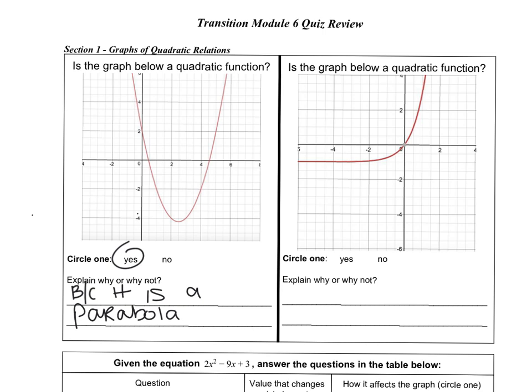So remember, quadratic functions have that U shape that is a parabola, and it's evenly split in half at the vertex. Whereas if we look at our second graph, it is not a quadratic because it is not a parabola. So it can be as simple as that when you're determining whether or not a graph is a graph of a quadratic.